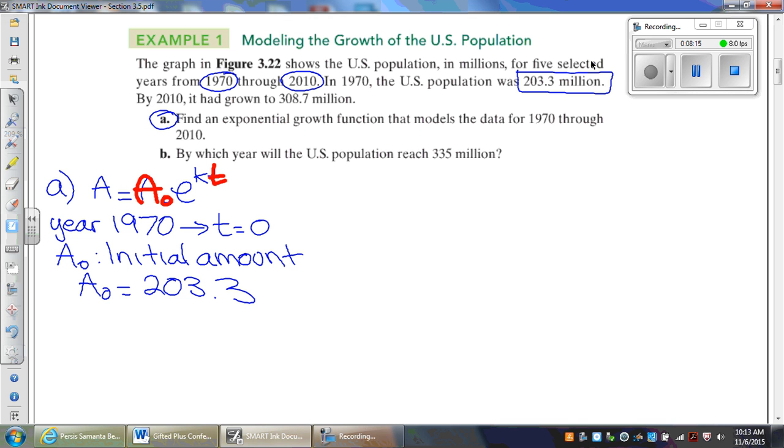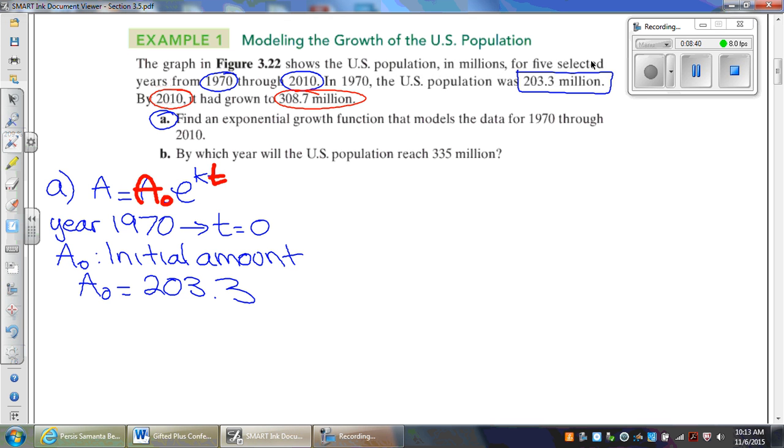Now, that numerical value is going to come from here, 308.7. In this case, we're not going to use t equals 0, but we're going to use what Karina said, 40. Is that what you were talking about? Okay.